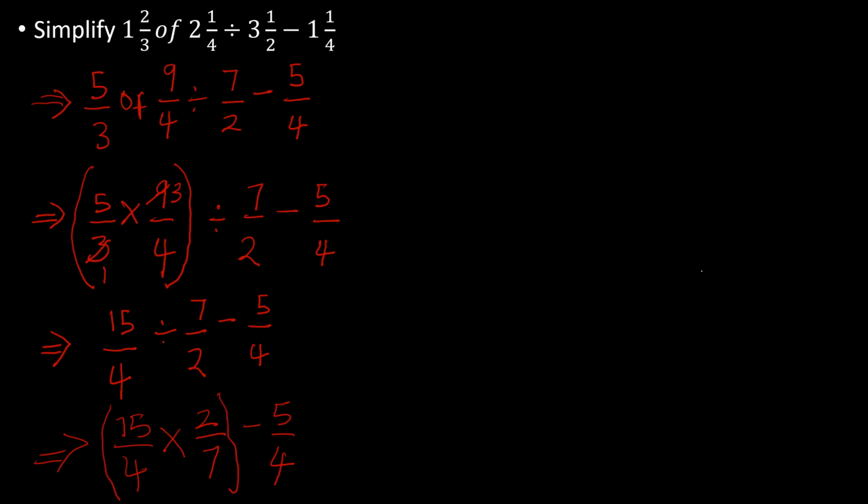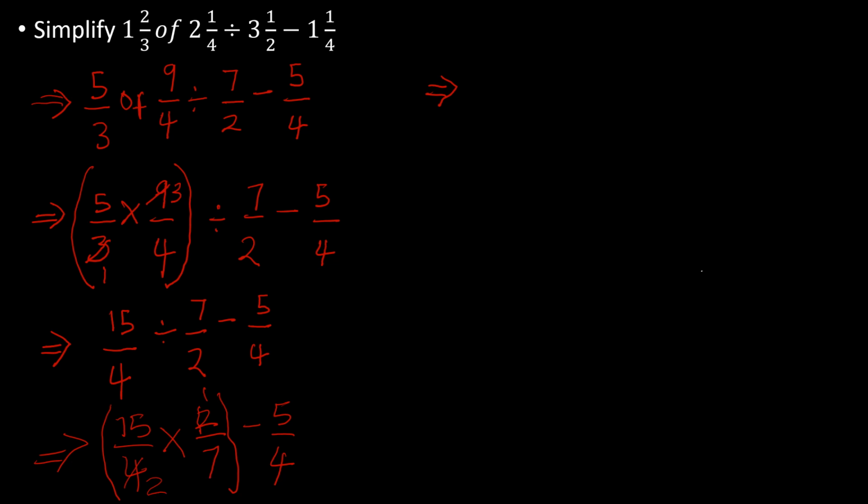Now if we move on, to solve that we can cancel out. We have 2 here; if 2 is divided by 2, we have 1. If 4 is divided by 2, we have 2. So we're left with 15 times 1 and 2 times 7.